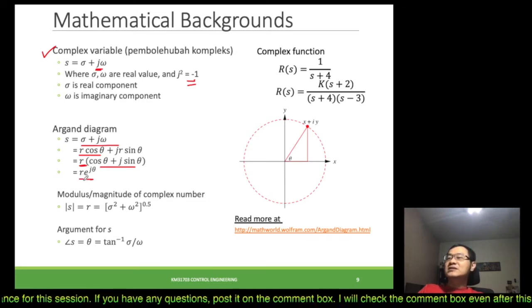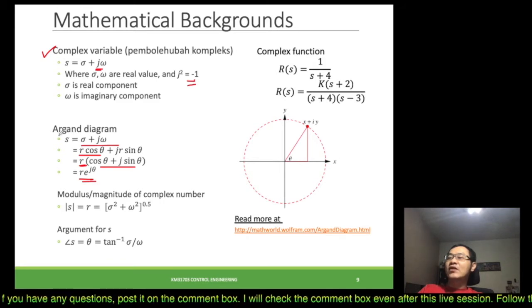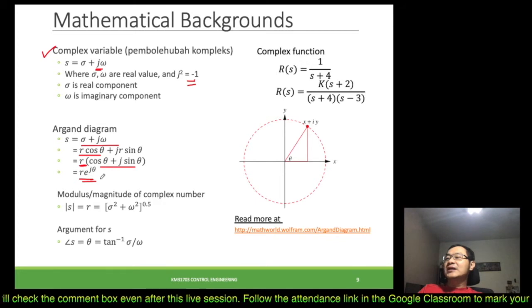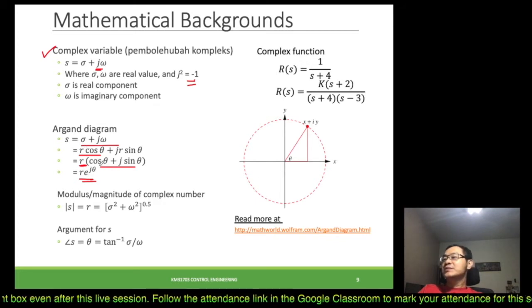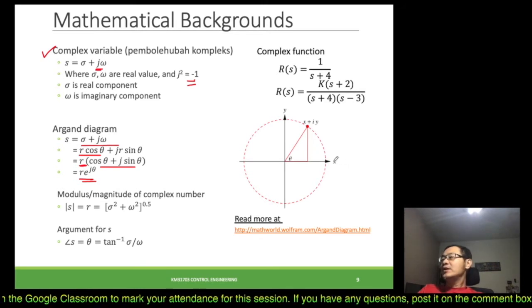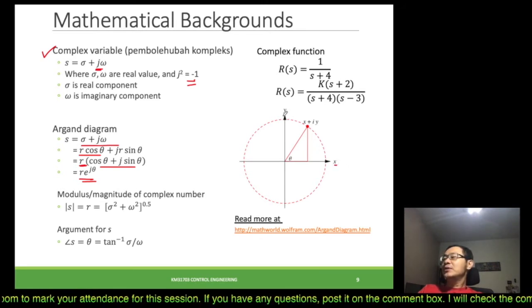So this is a conversion from the normal complex format to another format. How would we represent this, r cos theta? You will see that x represents the real component and y represents the imaginary component.